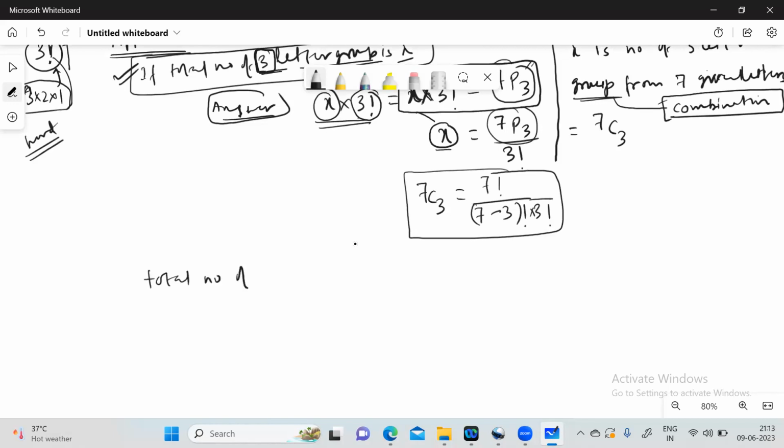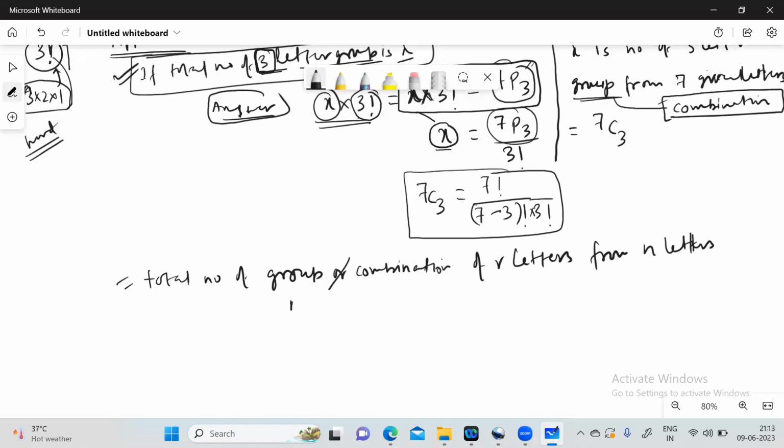The total number of groups or combinations of R letters from n letters will be NCR, and it will be NPR divided by R factorial, or you can also expand it like n factorial divided by n minus R factorial into R factorial.